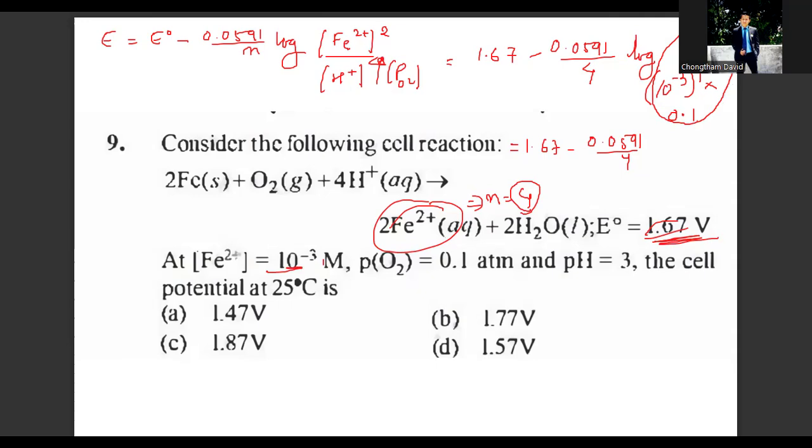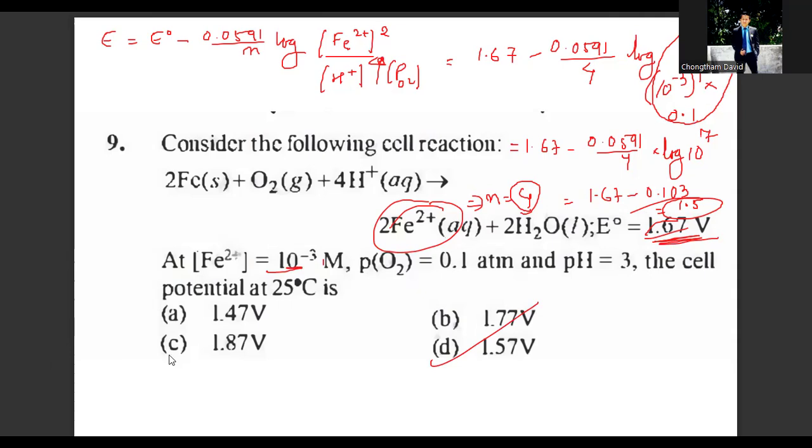So 13 and 3, after simplification, this becomes 1 point log 10 to the power, this would be approximately 7, then 1.67 minus 0.103 after subtracting approximately 1.5. Get it? So D is the answer to question number 9.